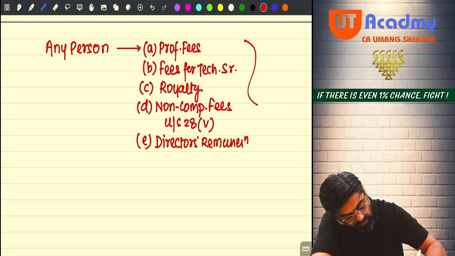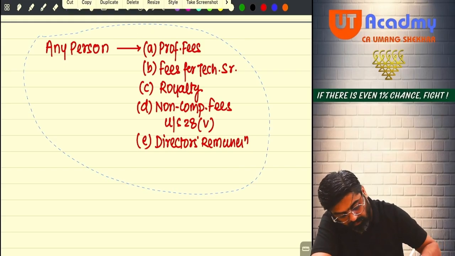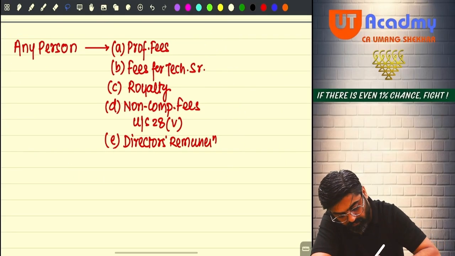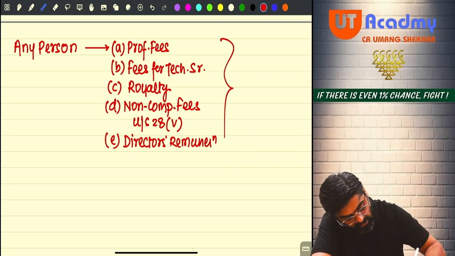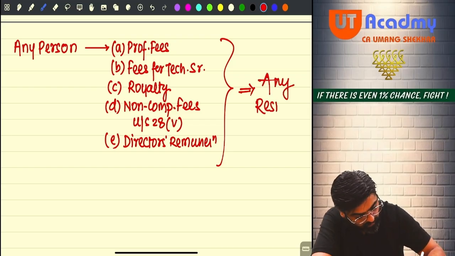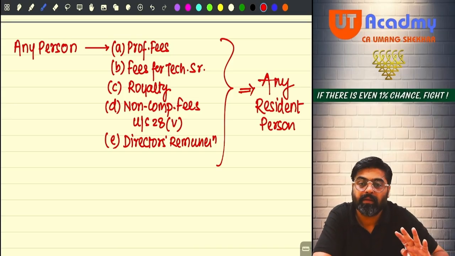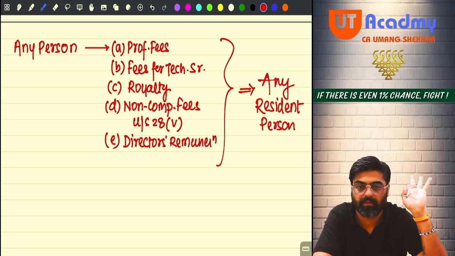Now these are a few of the payments, and these payments are made to any resident person. Sir, what if these payments are made to a non-resident person? Then the TDS provisions are different.